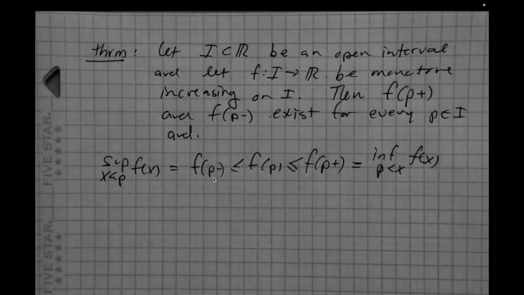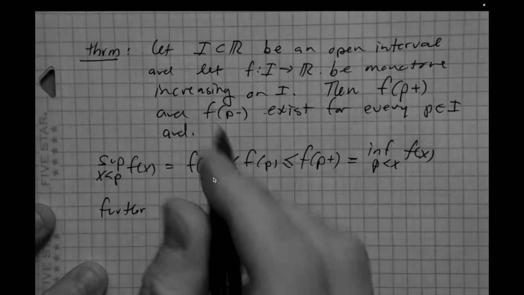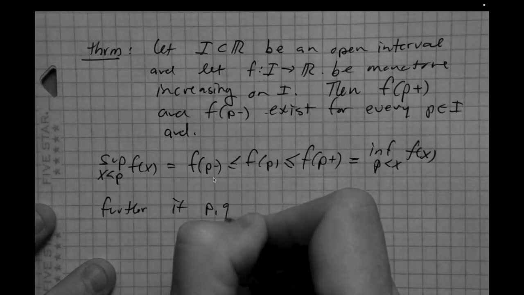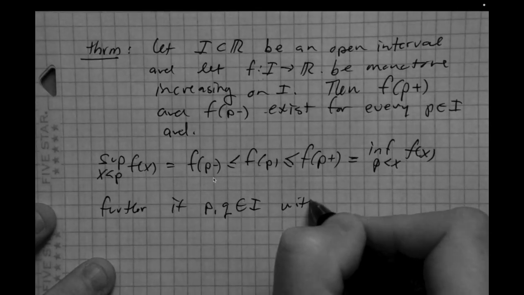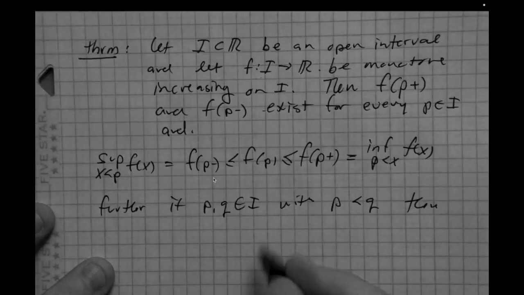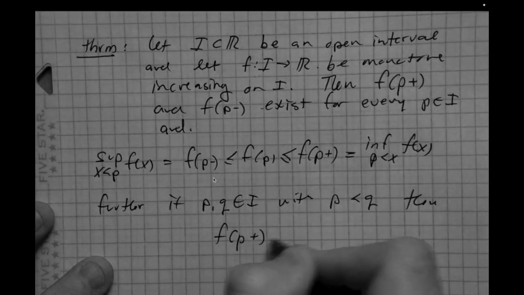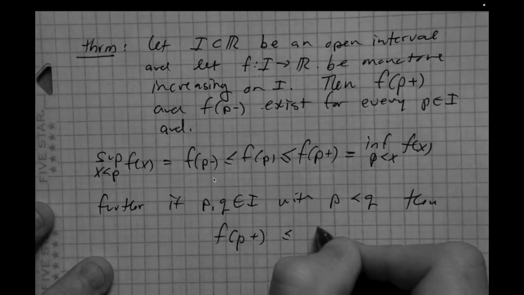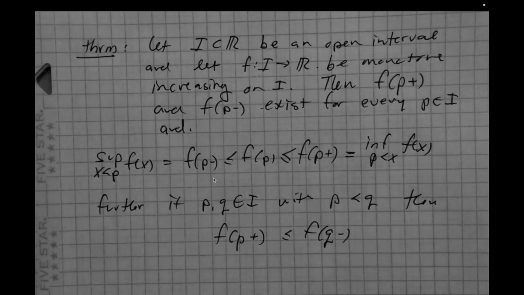Okay. And we can say further, one little add-on here, if p and q are in the interval I, with p less than q, then it's going to be the case that f of p plus would be less than or equal to f of q minus, right? So the right-hand limit of p will have to be less than the left-hand limit of q.